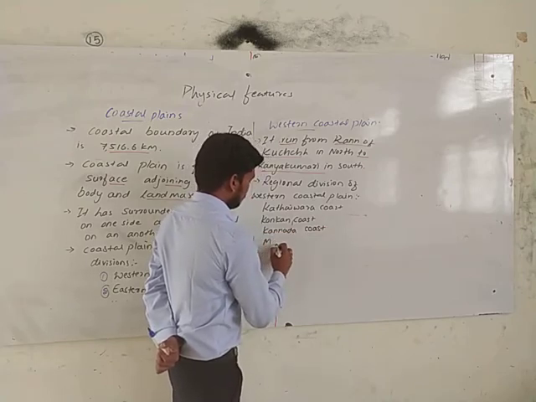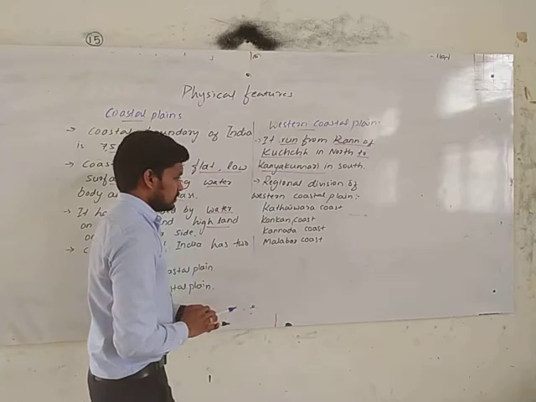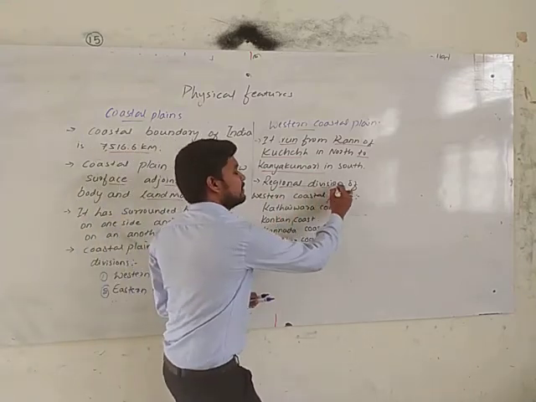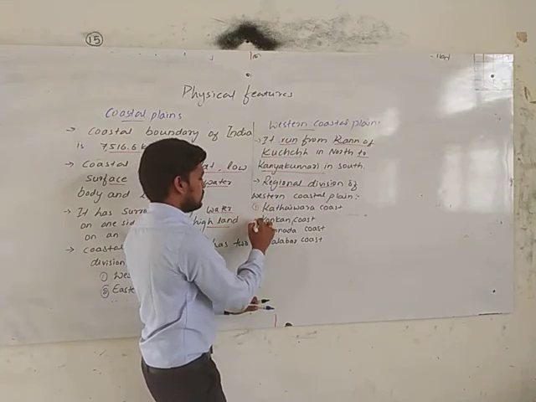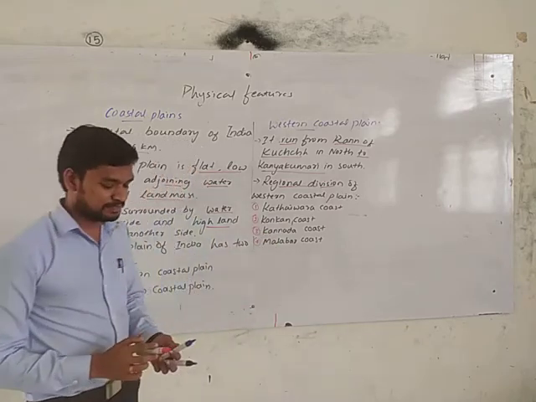You people will write Kannada, I know. And the Malabar coast. So these are the regional divisions of the coastal plain. From the north: Kathiawar, Konkan, Kannada, and Malabar coast.